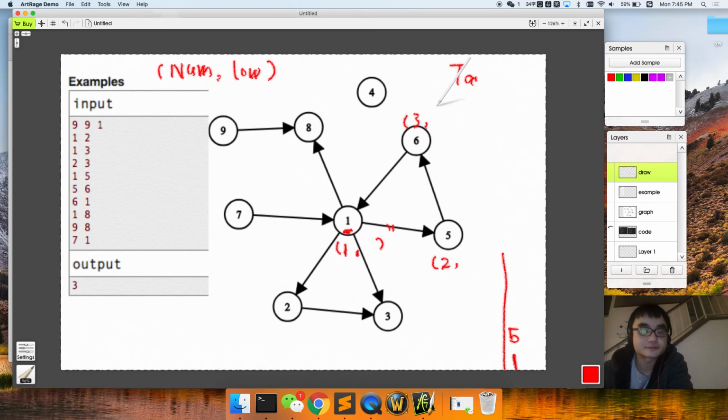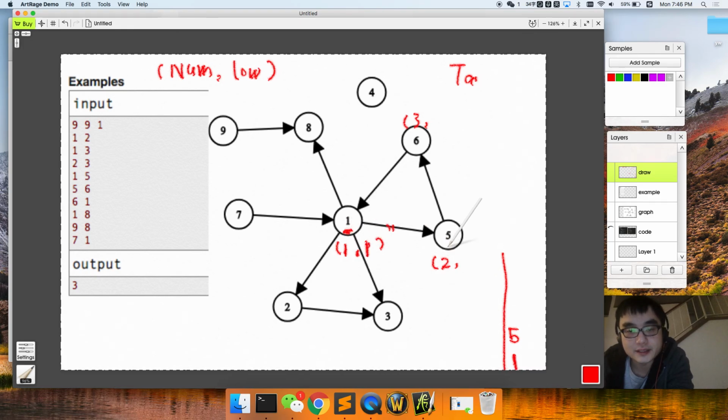right? And what is the low here? Low means the lowest number the node can reach, right? For example, for now, the lowest number node 1 can reach is itself, so we set it as 1.